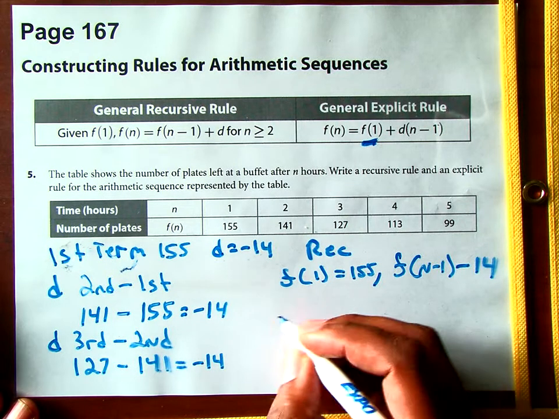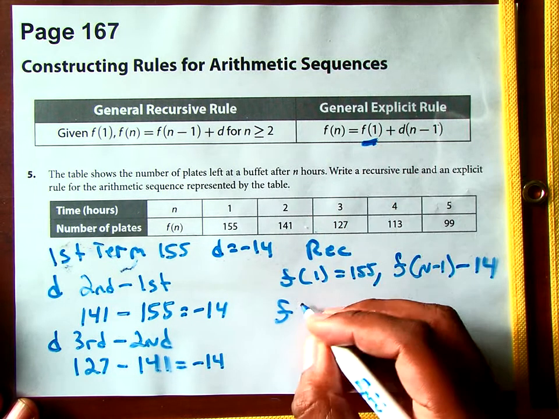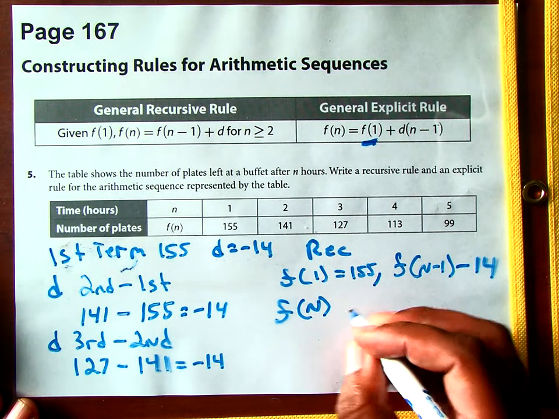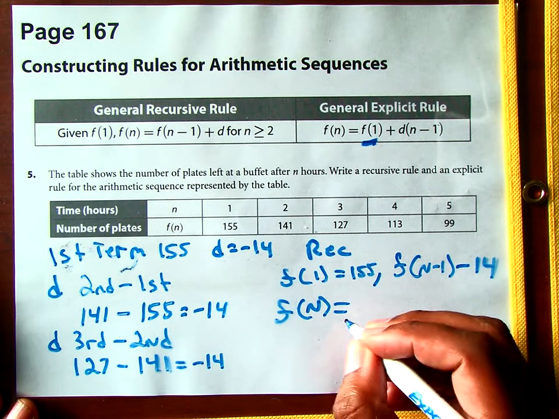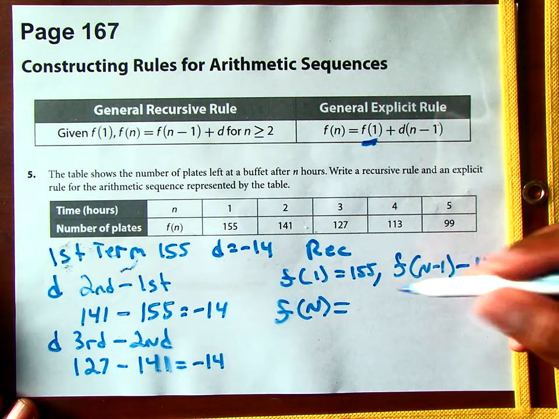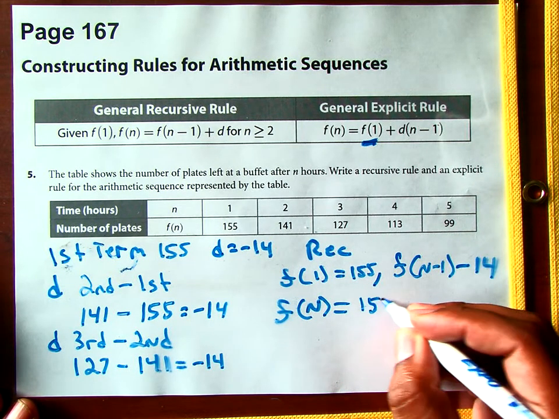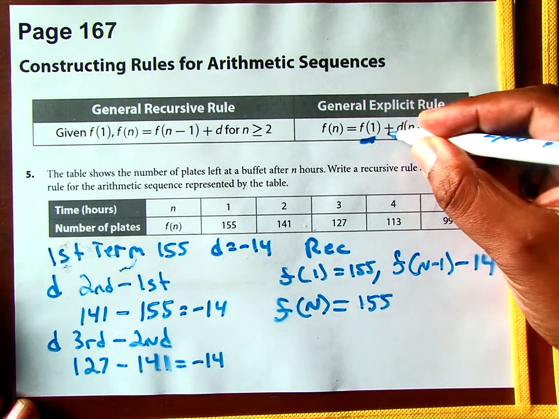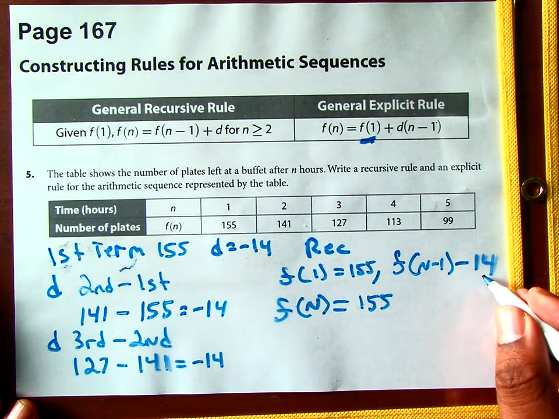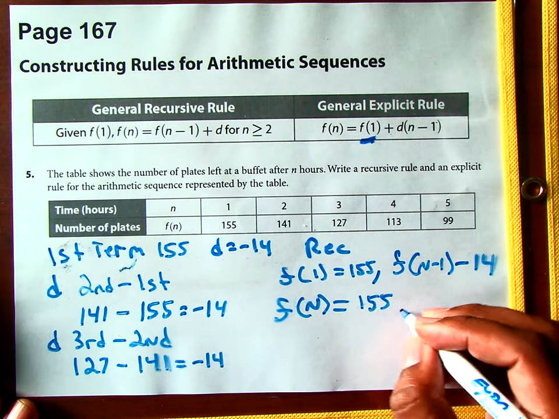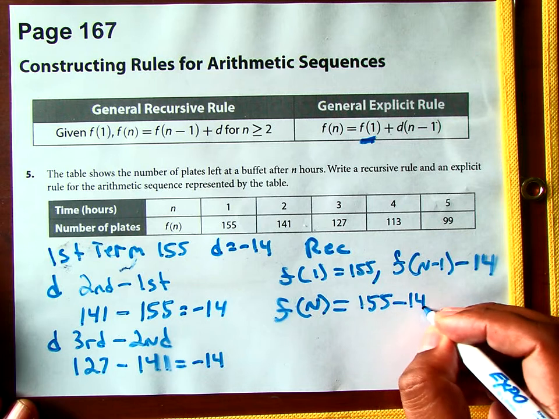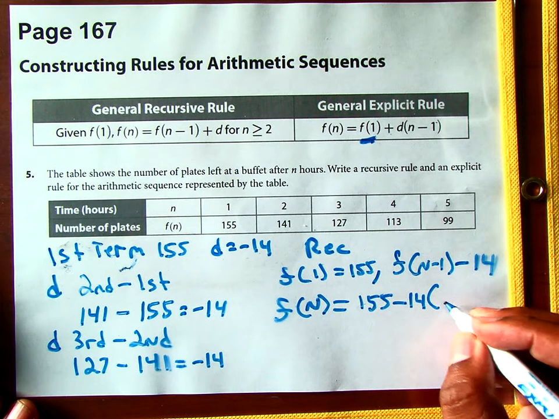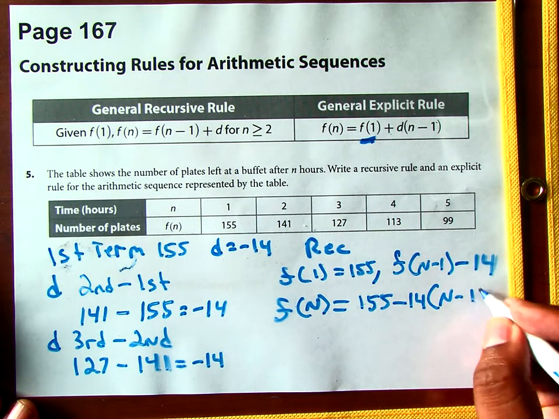I'm going to say f of n is equal to the first term, 155, plus d, which is negative 14. So I'm going to put minus 14 and just put n minus 1.